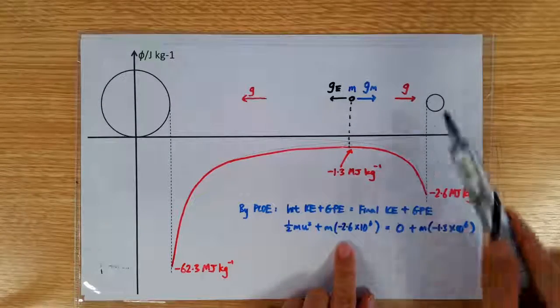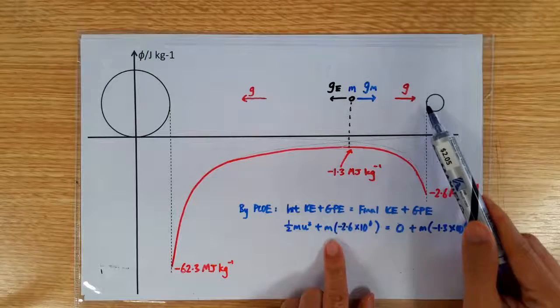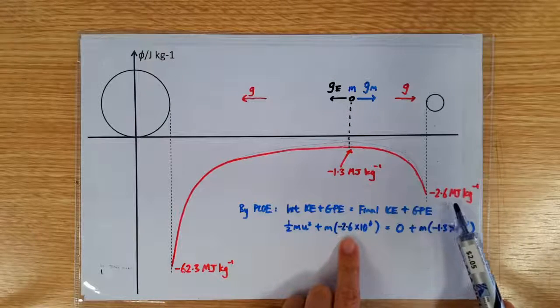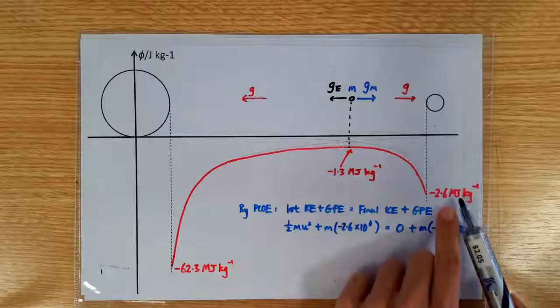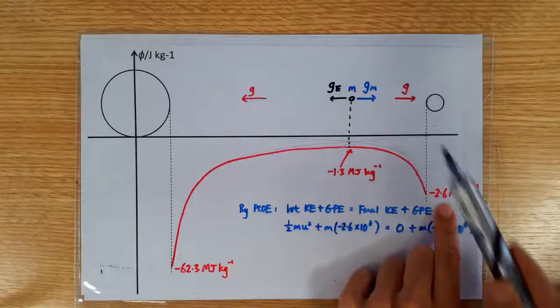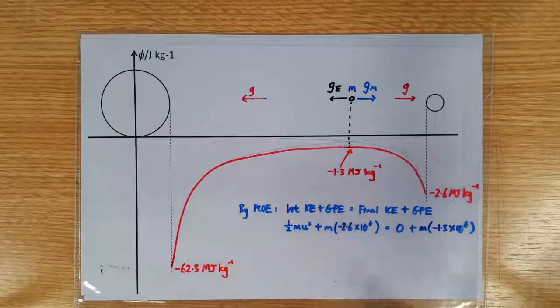Its initial GPE, when it's on the surface of the Moon, can be written as the mass multiplied by the gravitational potential, which is negative 2.6 megajoules per kilogram. After all, gravitational potential is GPE per kilogram, right? So if you take the GPE per kilogram multiplied by the mass, you'll get the GPE of the stone.